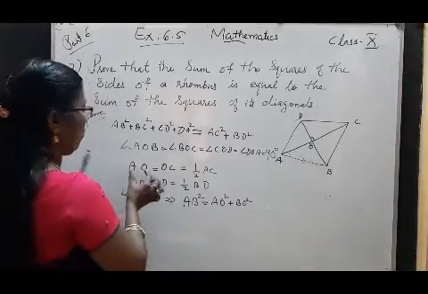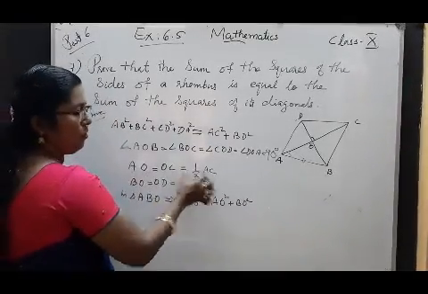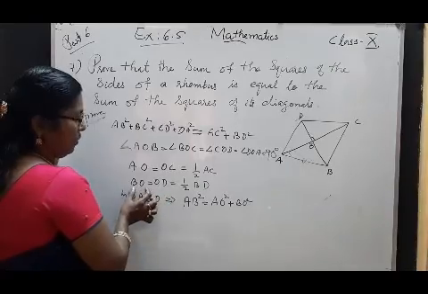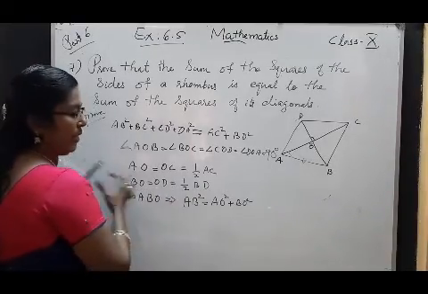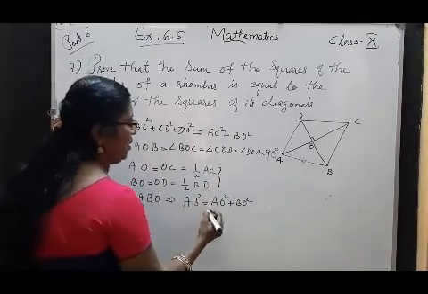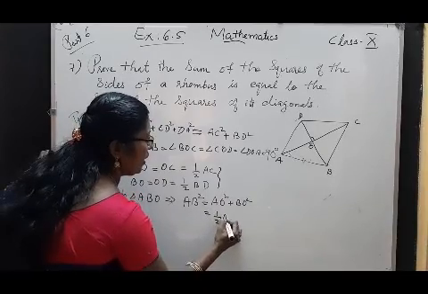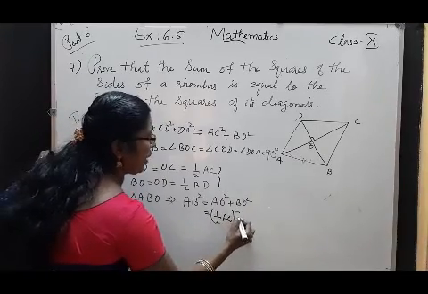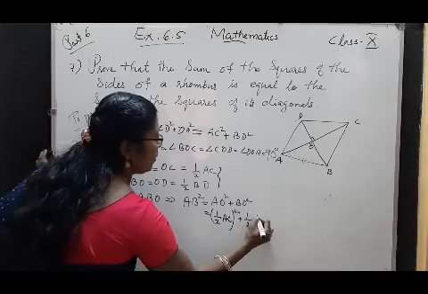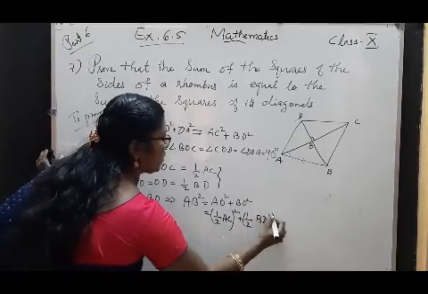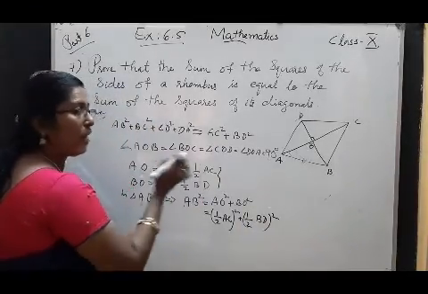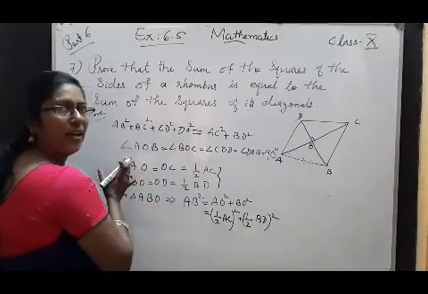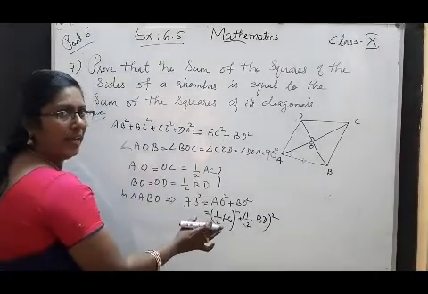Then what is AO? AO is half of AC and BO is half of BD. So from this we can write half of AC the whole square plus half of BD the whole square. Our aim is the sum of the squares of the diagonals, so we connect with the diagonals.